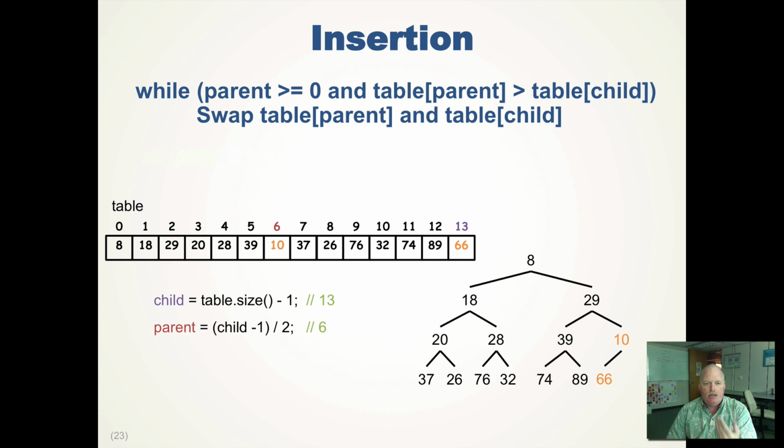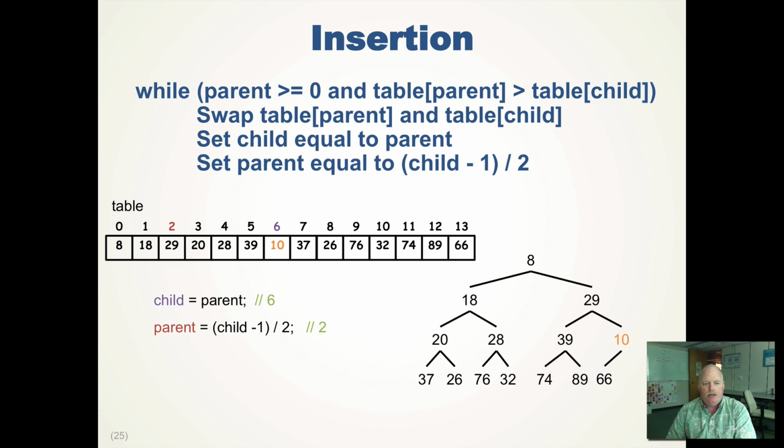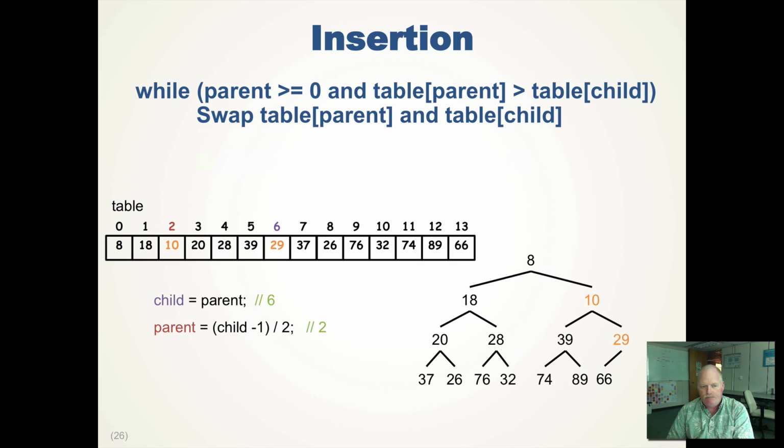And now we need to recalculate the parent or the child variable. We set the child to the parent because that's where we are now. We're at 6. Calculate the parent again. Is 10 less than 29? We swap them. The child is now the parent, which will be 2.